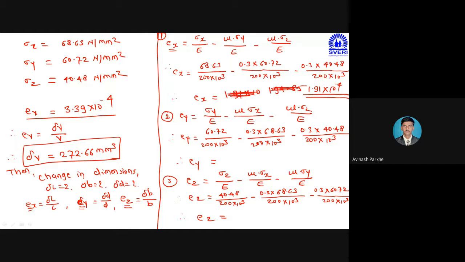Please check epsilon x is equal to 1.91 into 10 raised to minus 4. Please do the calculation properly.